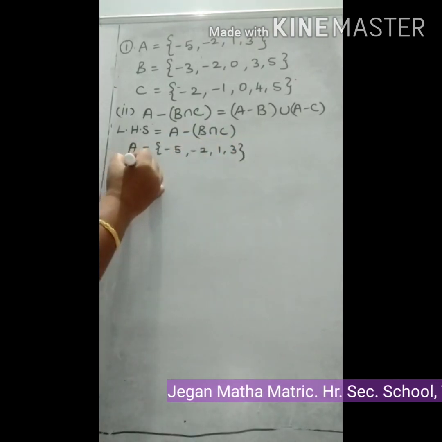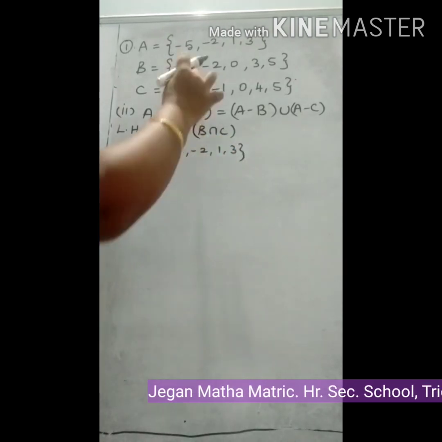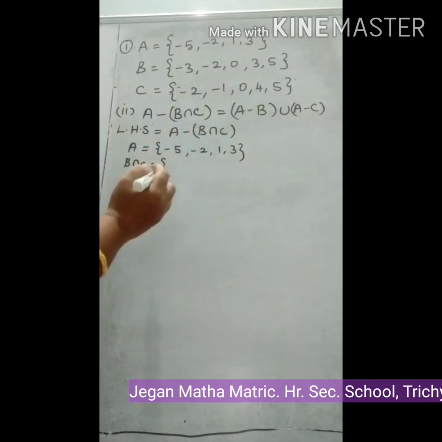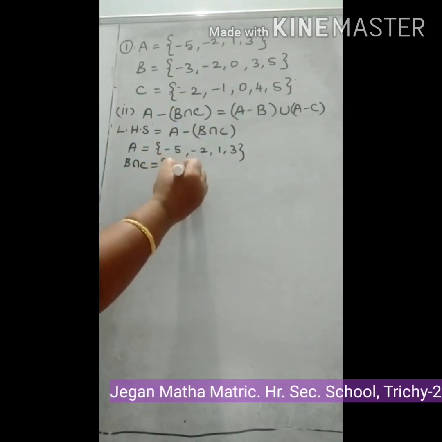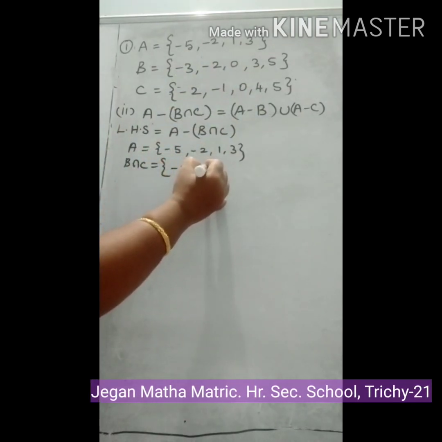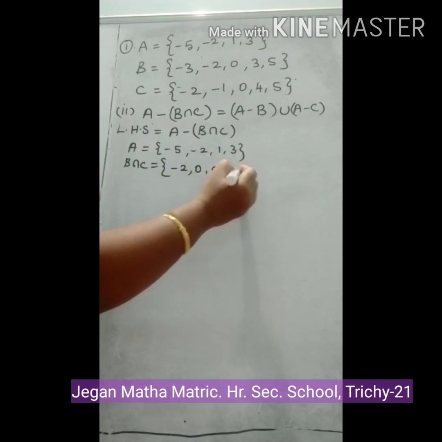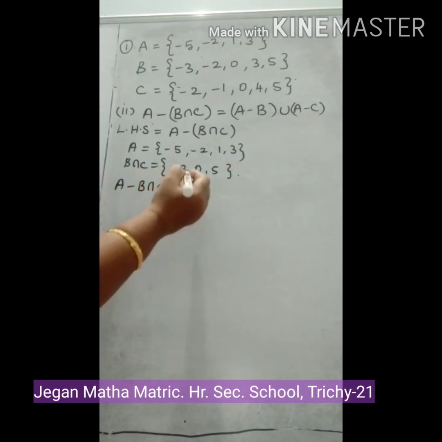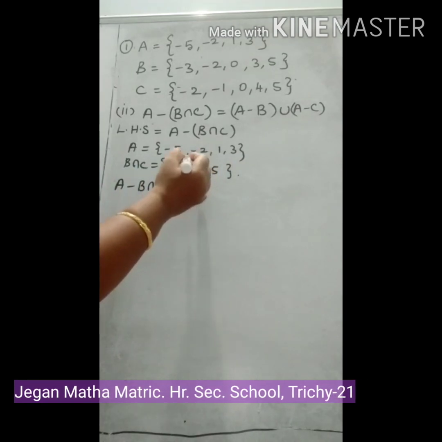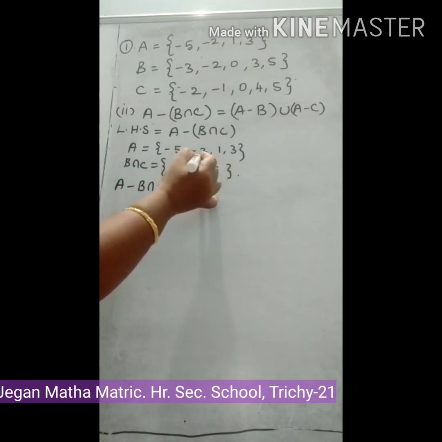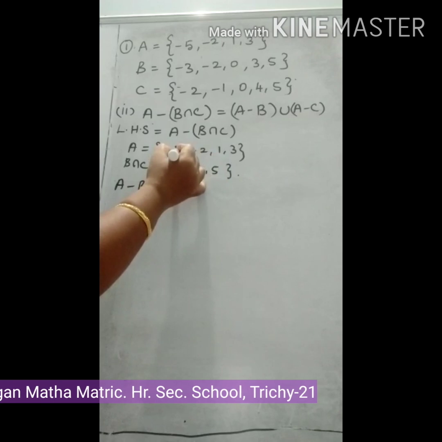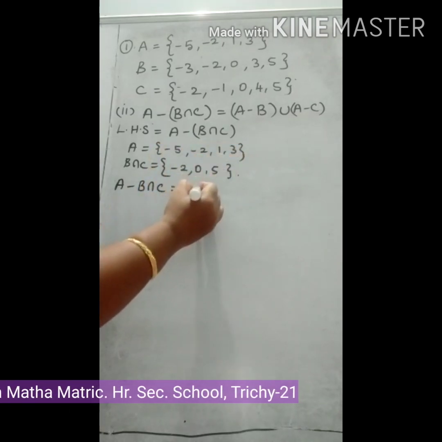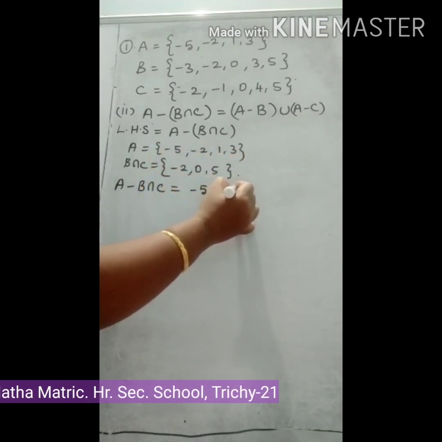And B intersection C: you have to take the common elements of B and C. Minus 2 is there, 0 and 5. So A difference B intersection C: the common element is minus 2 only, so the remaining elements in A are {minus 5, 1, 3}.